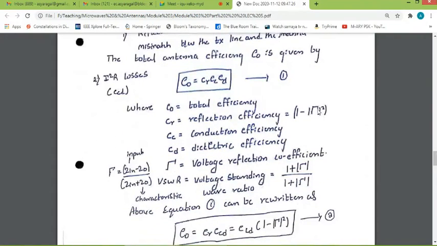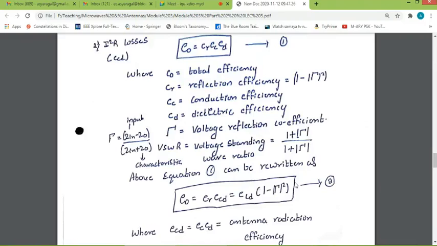There is a symbol here, which is the reflection coefficient symbol. This reflection coefficient we could consider as the voltage reflection coefficient. VSWR is the voltage standing wave ratio, written as 1 plus the reflection coefficient magnitude divided by 1 minus the reflection coefficient magnitude.